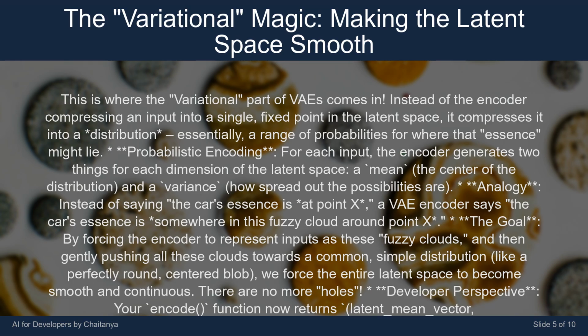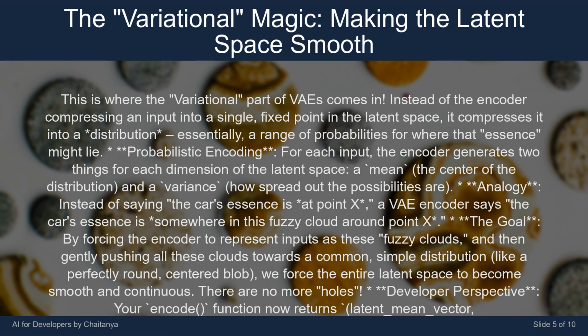For each input, the encoder generates two things for each dimension of the latent space: a mean, the center of the distribution, and a variance, how spread out the possibilities are. Analogy: instead of saying, the car's essence is at point X, a VAE encoder says, the car's essence is somewhere in this fuzzy cloud around point X.